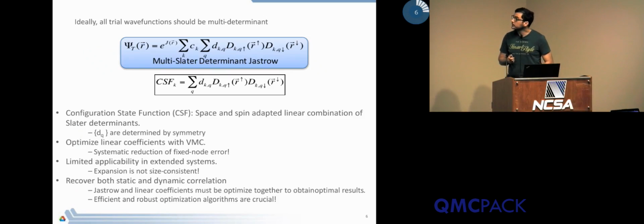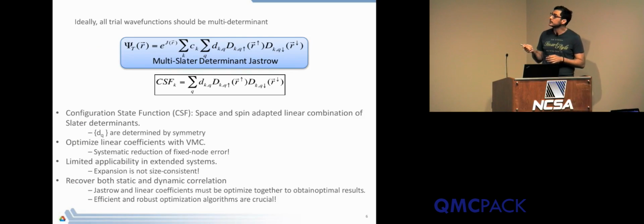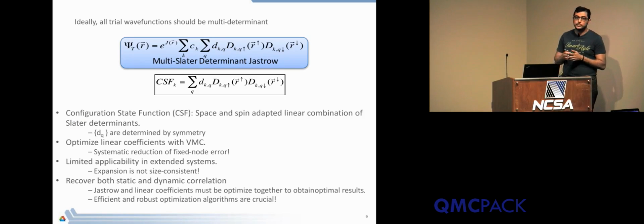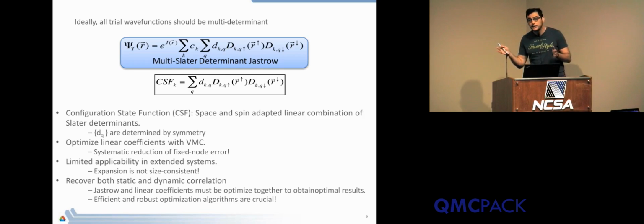One way that you have seen to build trial wave functions is to use multi-Slater determinant Jastrows. This is a copy-paste from Miguel's slide, which tells you that if you take a combination of Slater determinants, you have a lot of chances to get a better description of your wave function, even if you take an infinite amount of determinants.